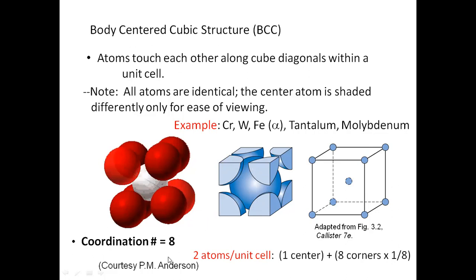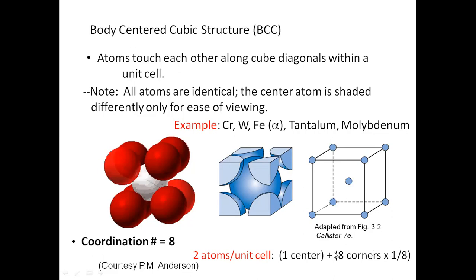The coordination number is 2. Here it is simply the number of atoms found in this unit cell. Remember we calculated earlier. We have one whole atom inside in the center, plus in all 8 corners we have 1/8 of an atom.